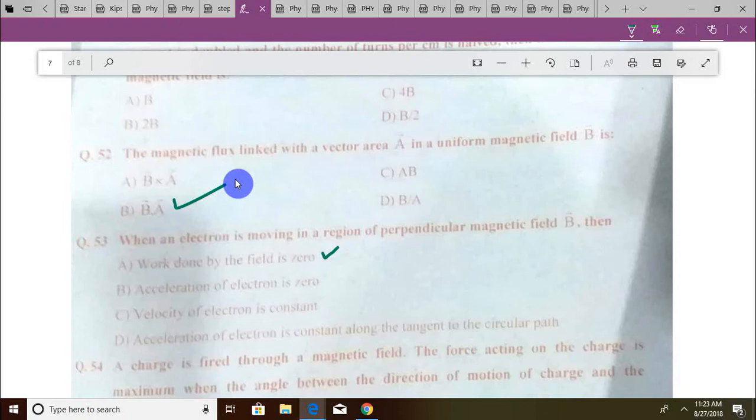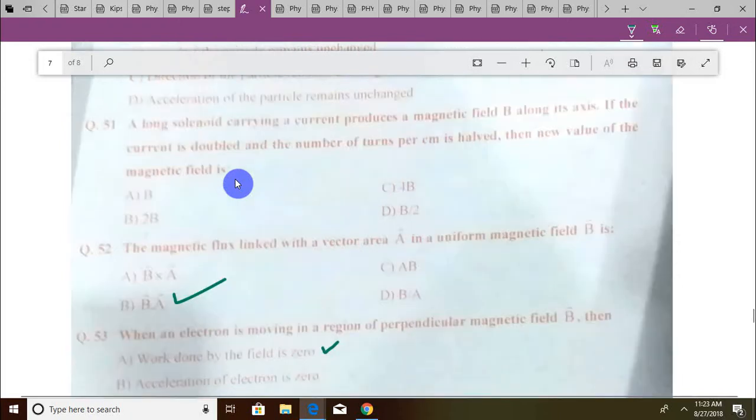Moving onwards, a long solenoid carrying a current produces a magnetic field B along its axis, and if the current is doubled and the number of turns per centimeter is halved, then the new value of the magnetic field is, there is a formula for this.